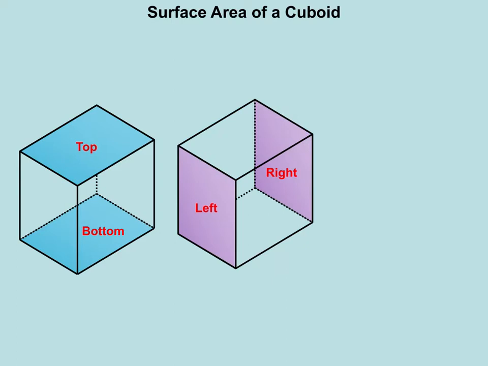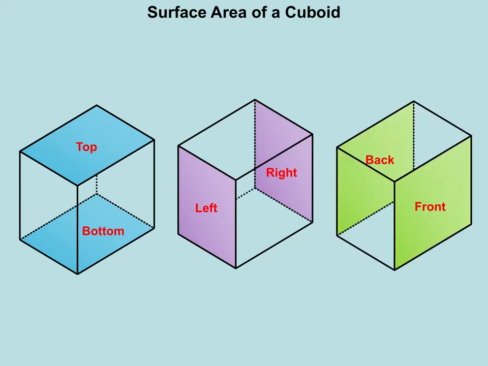The next diagram shows that we have a left and a right hand side, the two purple sides there. And the next example shows that we have a back and a front. So we don't have just three faces, there's actually six: two blue ones, two purple ones, and two green ones.